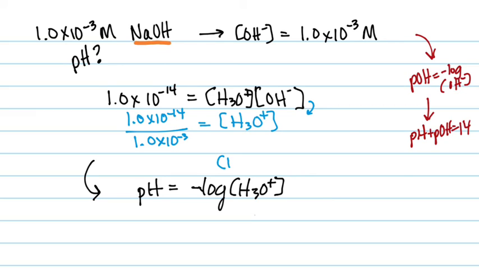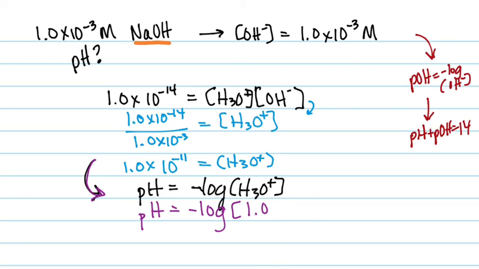And when I solve for hydronium ion concentration, I get 1 times 10 to the negative 11. Now I will plug that answer into this equation and solve for pH, which is negative log of 1 times 10 to the negative 11.